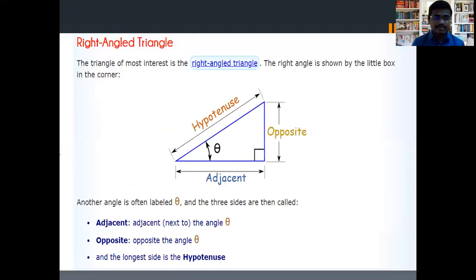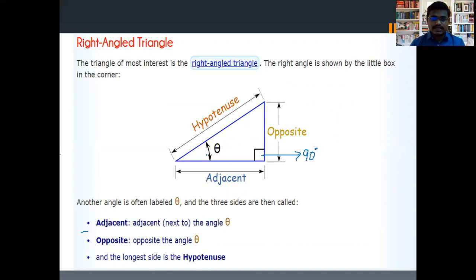So let's see about a right angle triangle. It is basically a triangle in which one of the angles is 90 degrees. Then we can call it a right angled triangle.